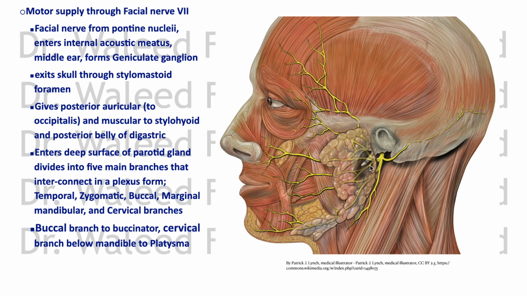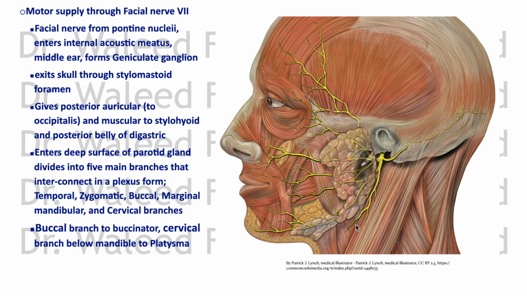And inside the parotid gland, the pattern of division will vary between individuals, but eventually it will give a temporal branch, zygomatic branch, and buccal branch, marginal mandibular branch, and cervical branch.